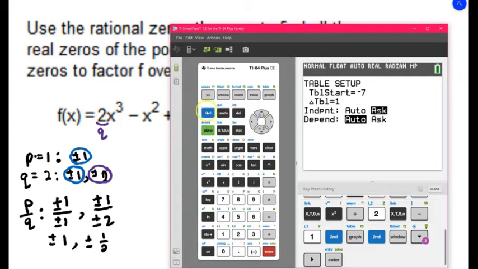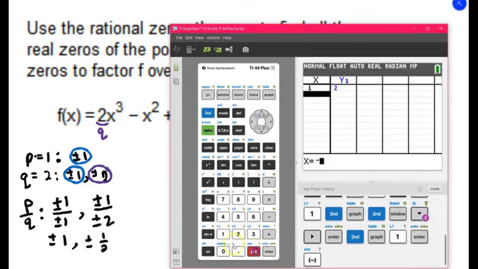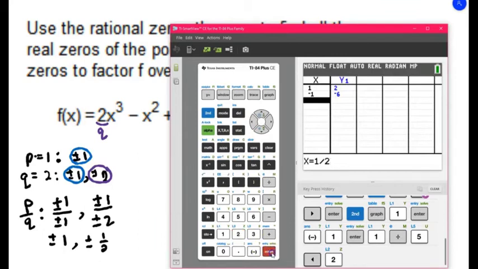So in my table, I'll substitute in a 1, negative 1, a 1/2, excuse me, that should be 1/2, and negative 1/2.